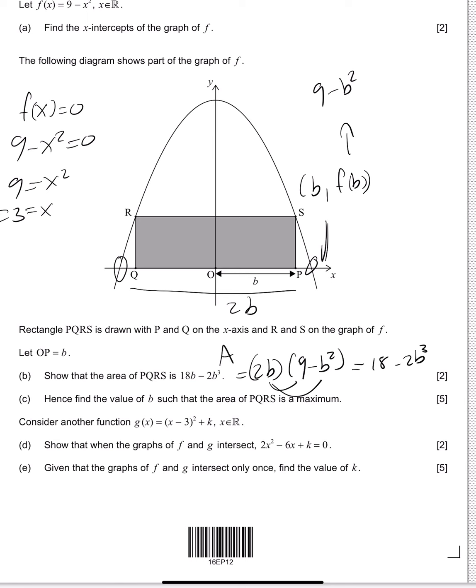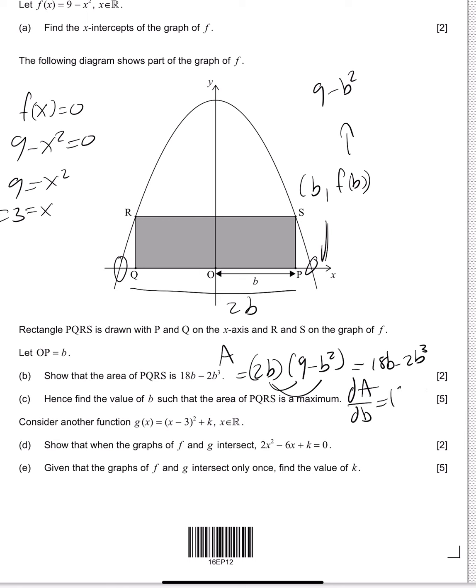We want to find the derivative of that and set it equal to 0, because that will be our max or our min for this function. We found this function in terms of b, so I'm going to differentiate with respect to b. The derivative of 18b is 18, and the derivative of 2b cubed is 6b squared.